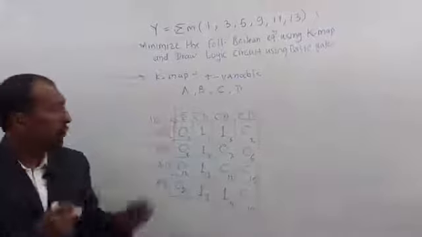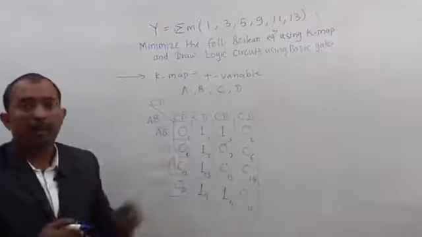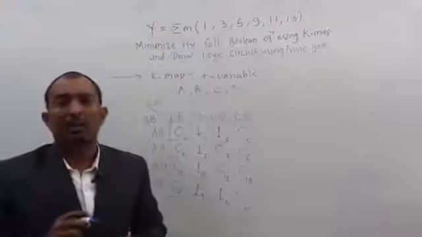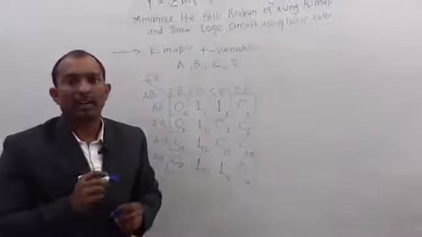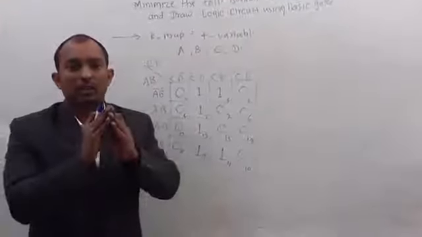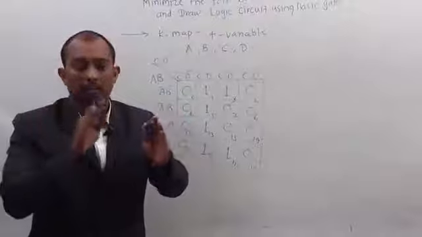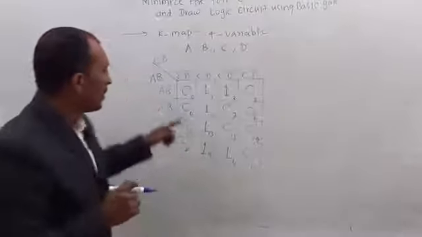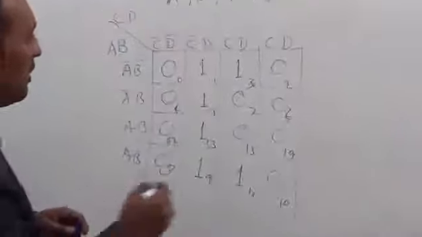Okay. Now try to make a pair, quad or octet, and I would like to inform you that while solving the K-map, try to find the octet first, then quad and then pair. Now here you can see you can make a quad.